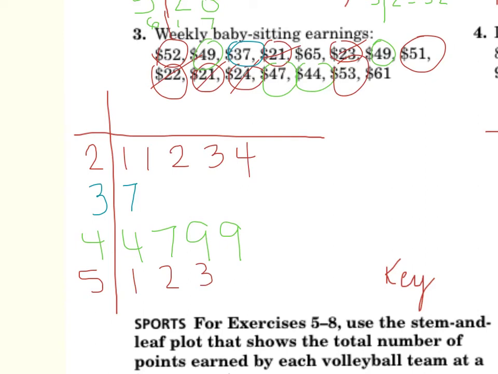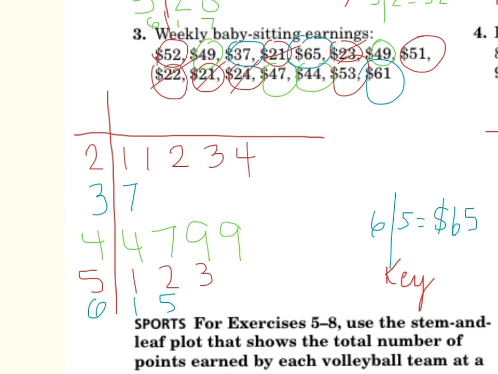And then last I have the 60s, 61 and 65, 61, 65. And this time when we do our key, I'm going to do 65, we'll say $65. Sometimes you'll see them put the key in $65.